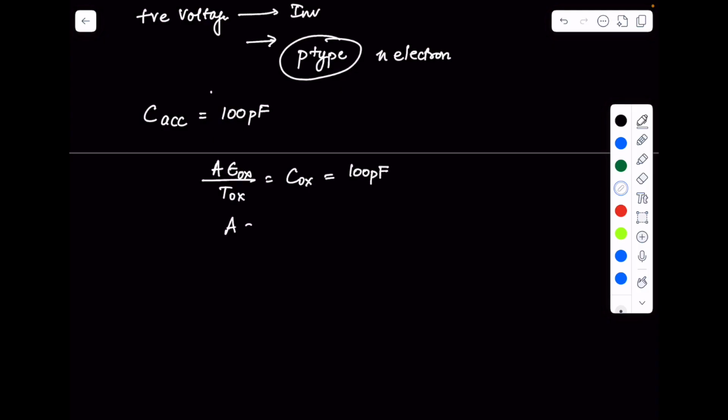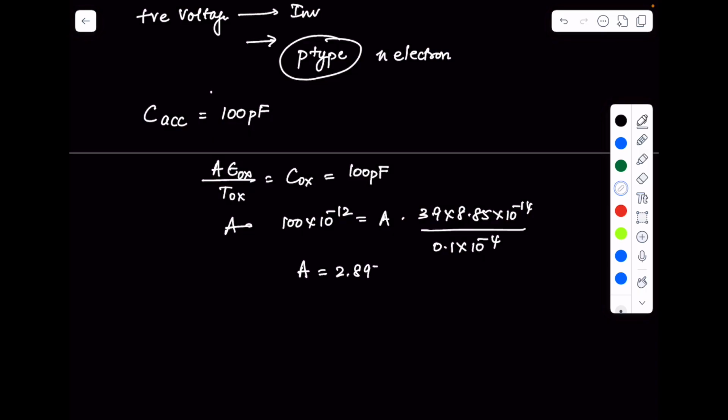So I have 100 into 10 power minus 12 is equal to A times 3.9 into 8.85 into 10 power minus 14, and I'm given that the oxide thickness is 0.1 micron, so that is 0.1 into 10 power minus 4. And so this gives you an area of 2.897 into 10 power minus 3 centimeters squared.